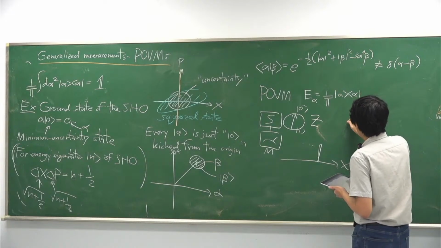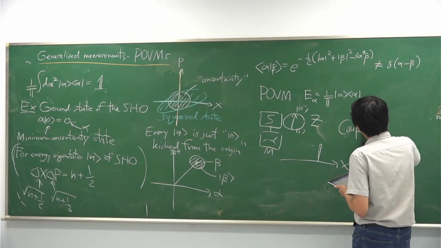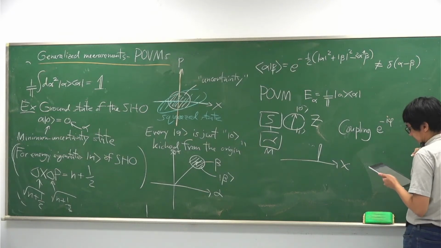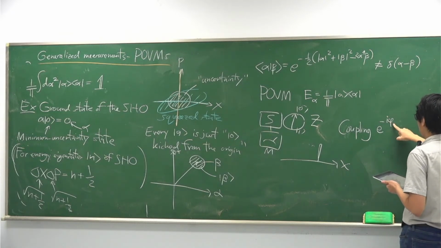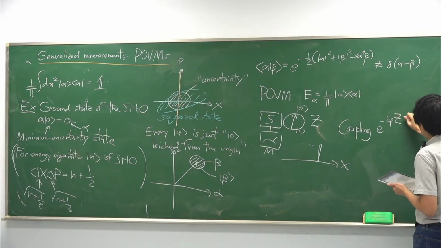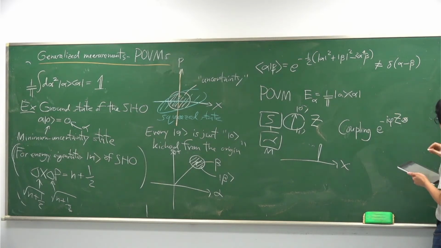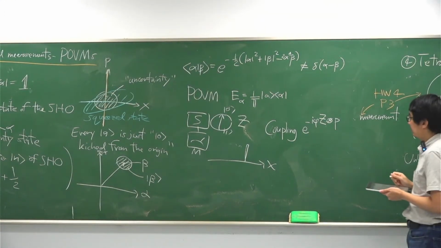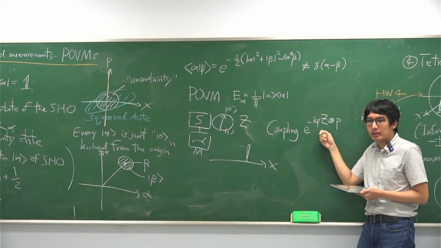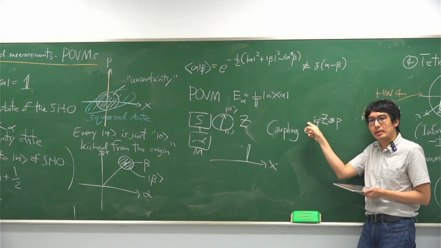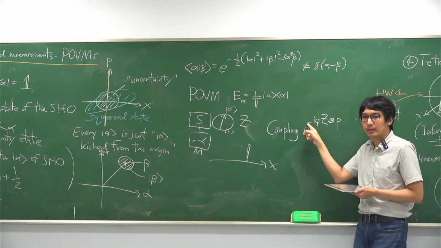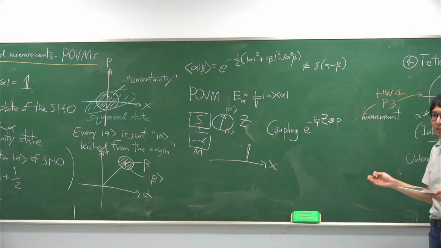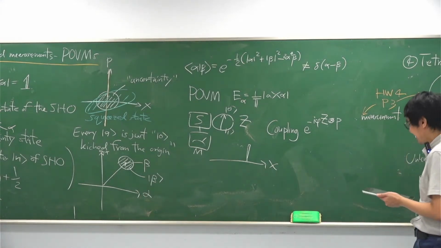So you need to couple this continuous variable with the momentum operator. I don't remember if the translation operator is supposed to have a minus sign, but every unitary evolution has a minus sign, so I think it's just this.